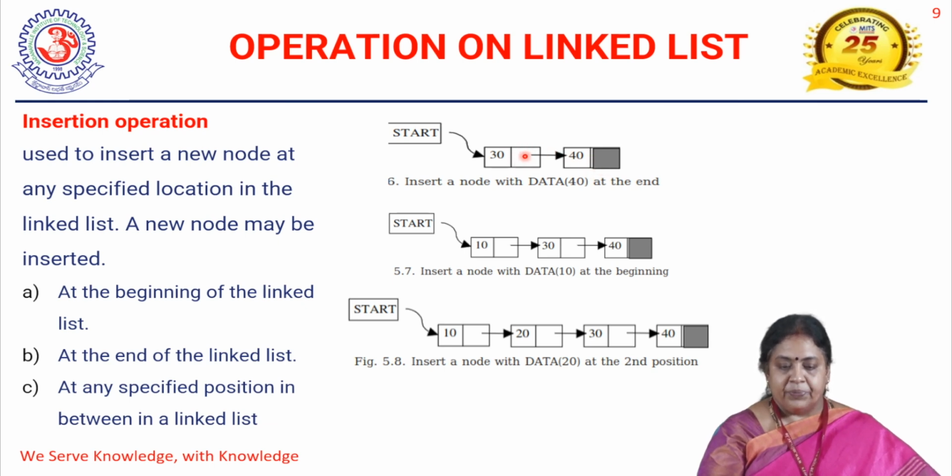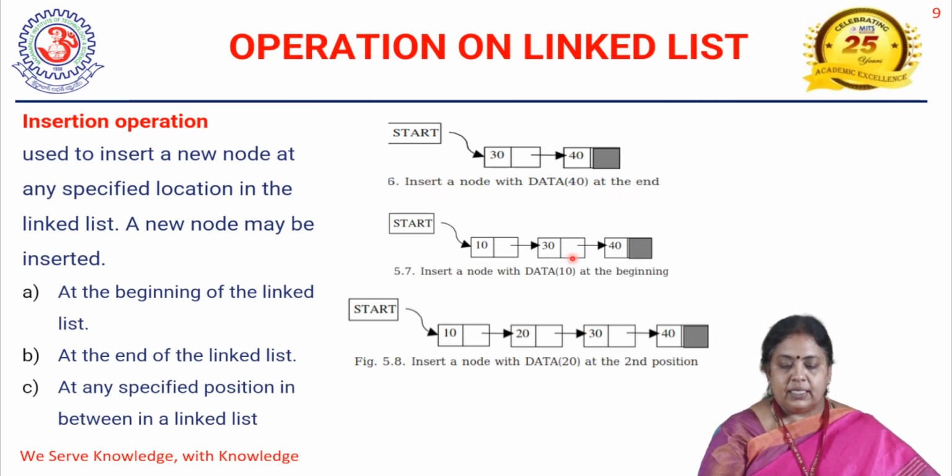At first, the next part of the first node contains a null value, meaning there is no further element in the list. Now we have created another node with the element 40, and the address of this node will be stored in the next field of the previous node. Like that we create a list. That is inserting a node at the end.